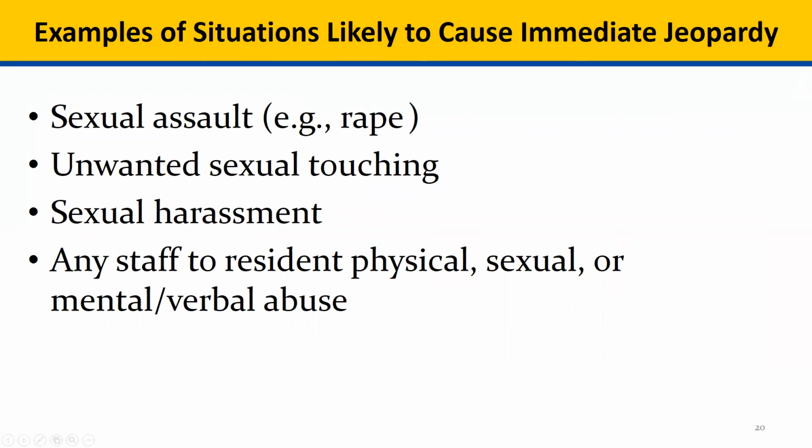Examples of abuse that create the likelihood for serious psychosocial harm or immediate jeopardy to a resident include, but are not limited to, sexual assault, such as rape, unwanted sexual touching, sexual harassment, or any staff to resident physical, sexual, or mental or verbal abuse.